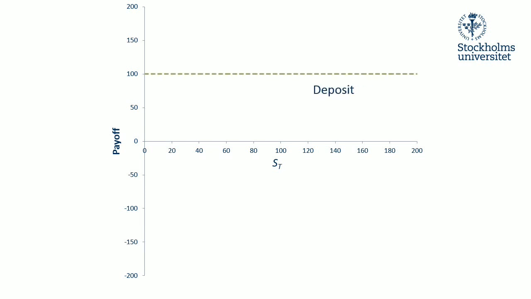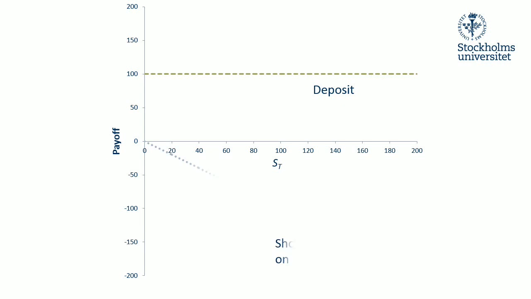Now, one of them was the deposit. Since we're putting in the bank the present value of 100, we're just going to get the 100 at maturity. Again, just to make the plot, I'm assuming that the strike price is 100. Of course, it can be anything.